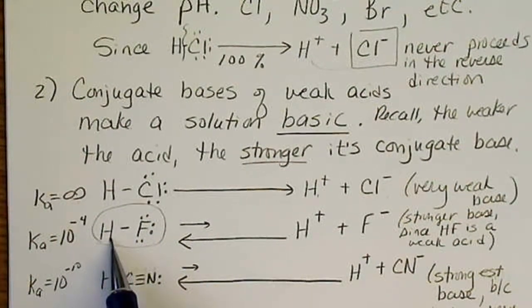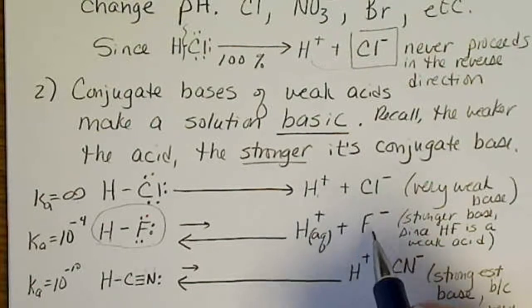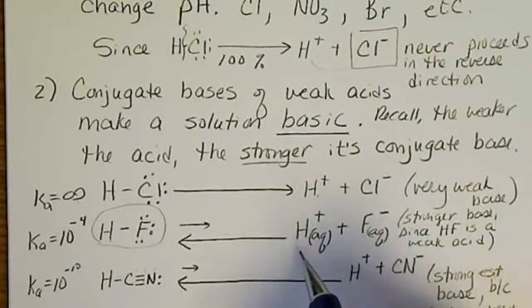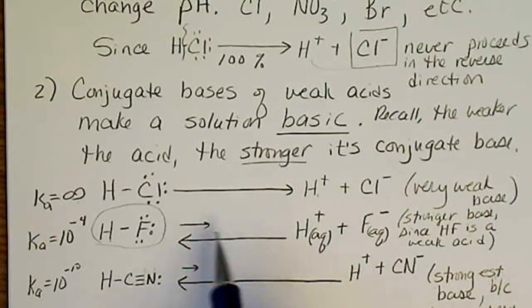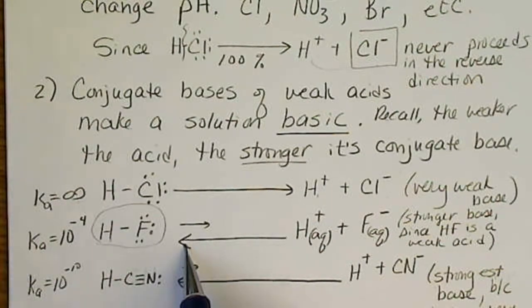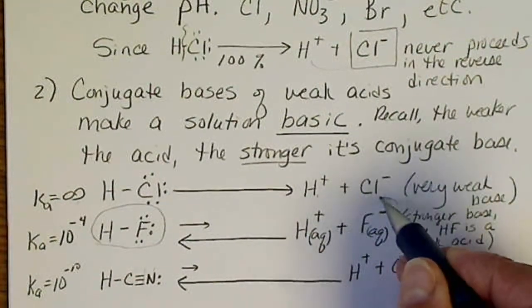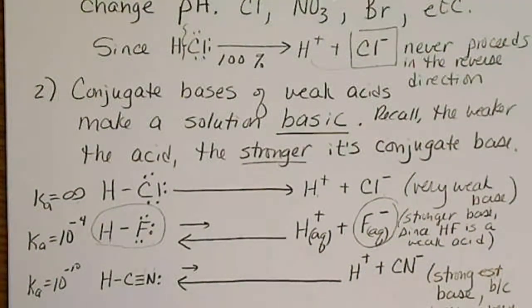Having a hydrogen in the molecule does not make it an acid, but having a hydrogen that dissociates from the molecule is what makes a solution acidic. So when this reaction proceeds, it proceeds mostly to the left because this equilibrium constant is so small. So the conjugate base of a weak acid is going to be a better base.